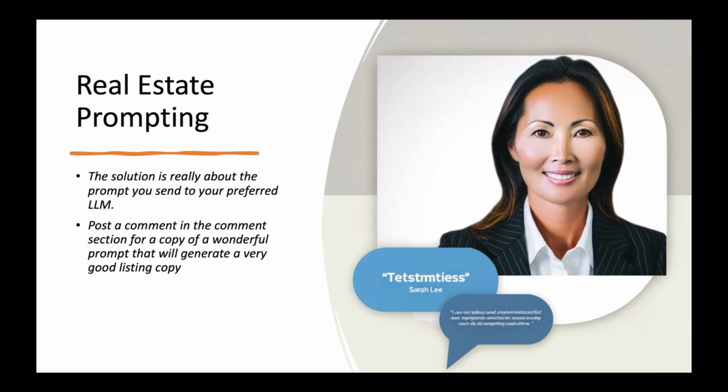So what really is AI-powered listing or AI-powered flyers? It's essentially the prompt that you send to your large language model. What does that mean? If you've ever used ChatGPT, within ChatGPT, you would type your question or what's of interest, and ChatGPT would respond.